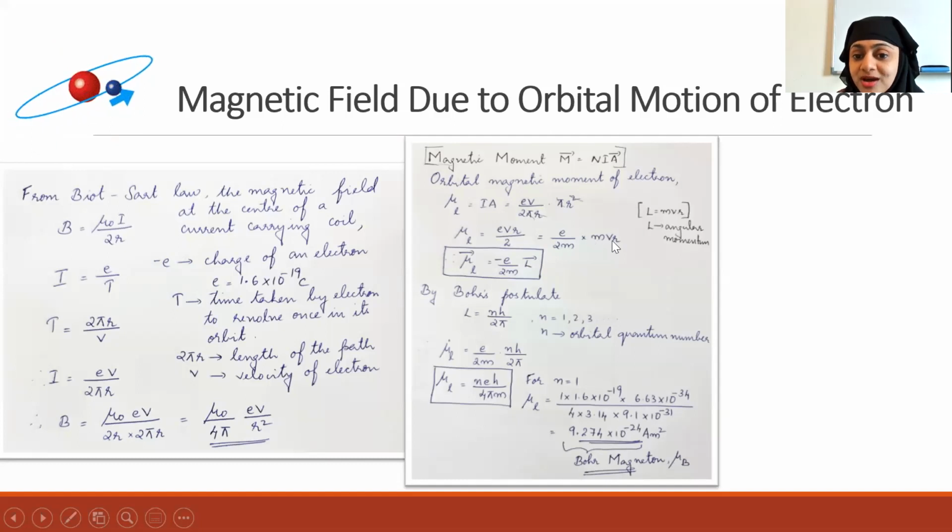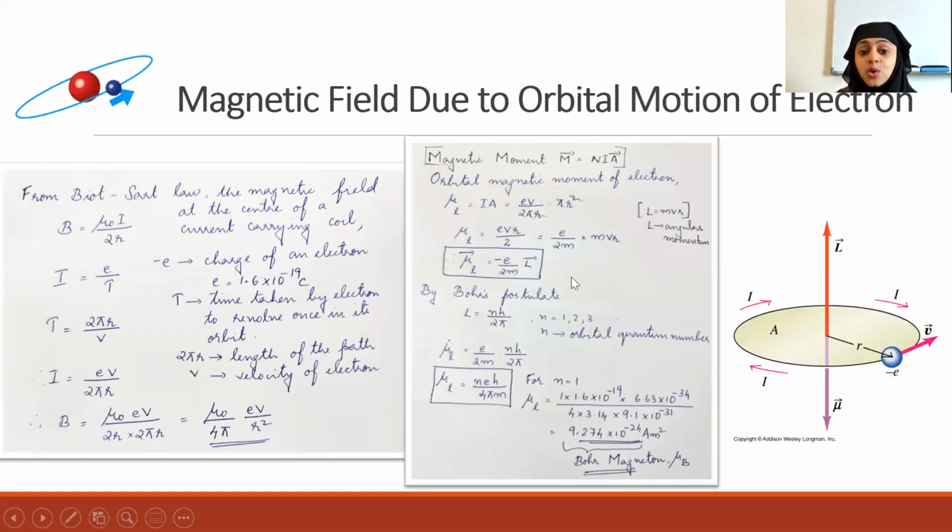And you know mvr is L, the angular momentum, right? So I have substituted the angular momentum L instead of mvr. So I will get the expression mu L is equal to minus e by 2m into L. Both the magnetic moment and the angular momentum are vectors, so this minus sign shows that they are in opposite directions.